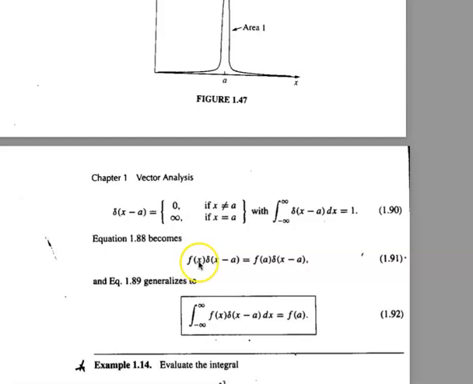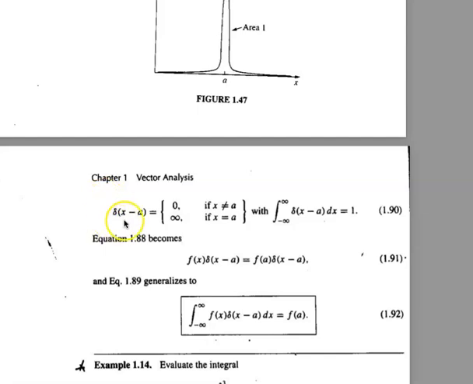Now if you multiply f of x times delta, then it is equal to the function at x equals a. Then if you integrate it in this way, the integral just gives you the value of f at x equals a. That is important for you to realize.